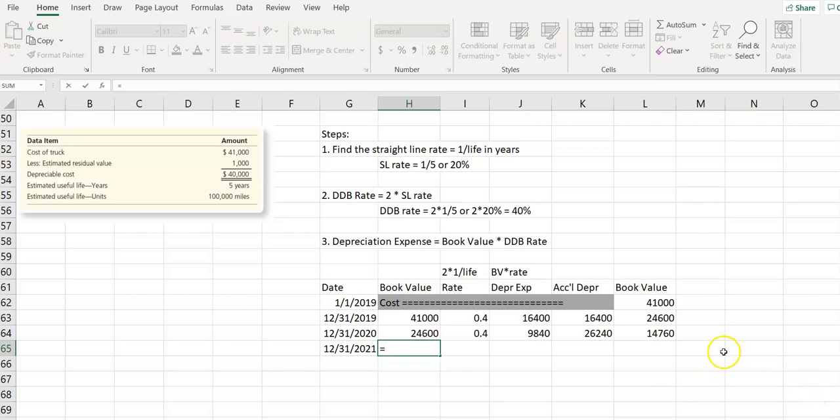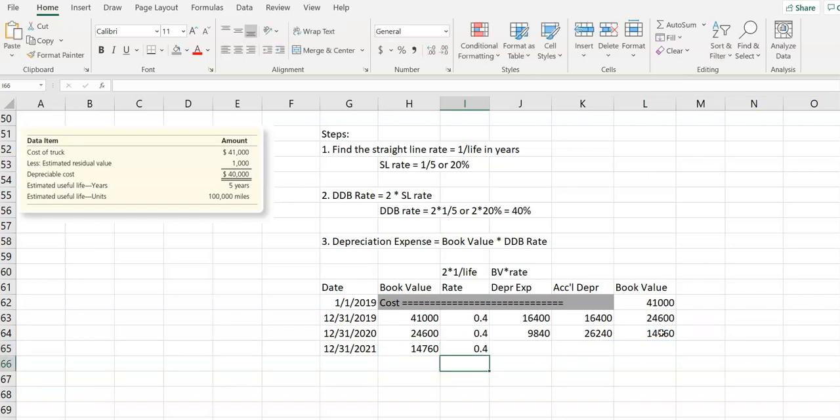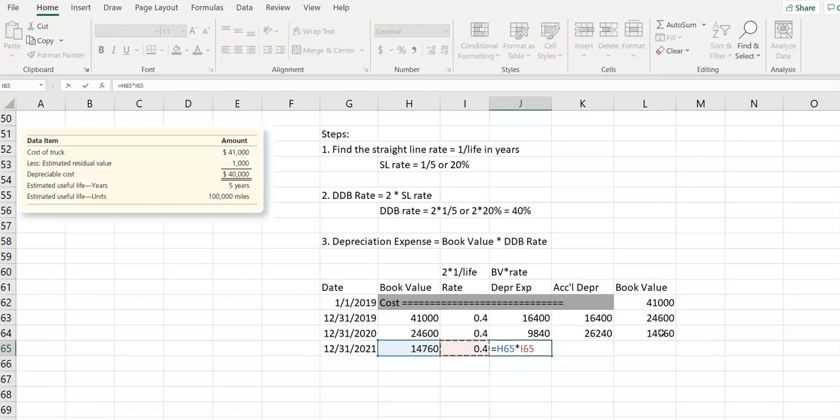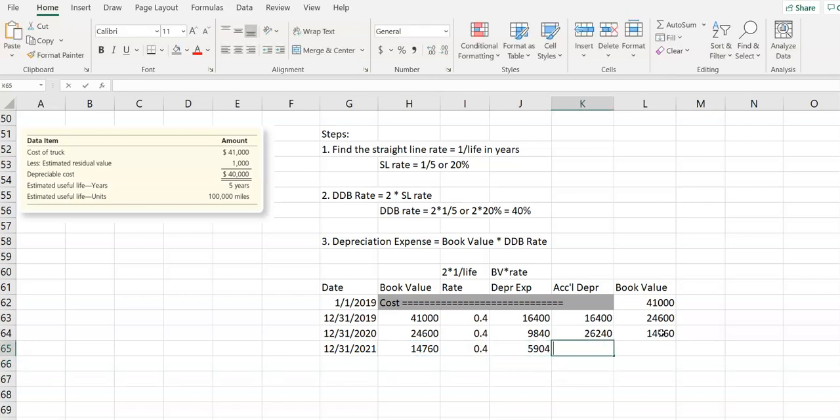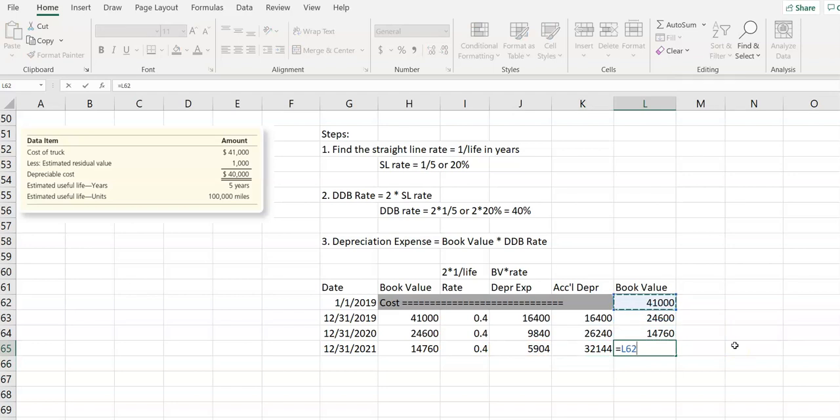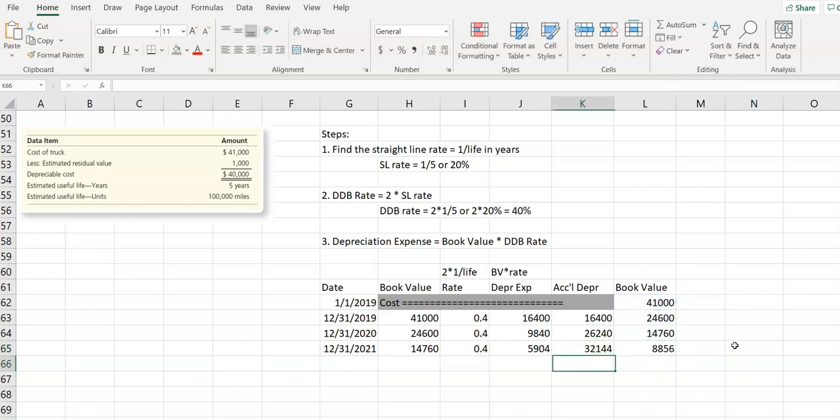My book value now is the 14,760 that I had at the end of last year. My rate is still 0.4. My expense is book value times the rate. Then I take my previous year's accumulated plus current year depreciation. Then it's my book value minus my accumulated.